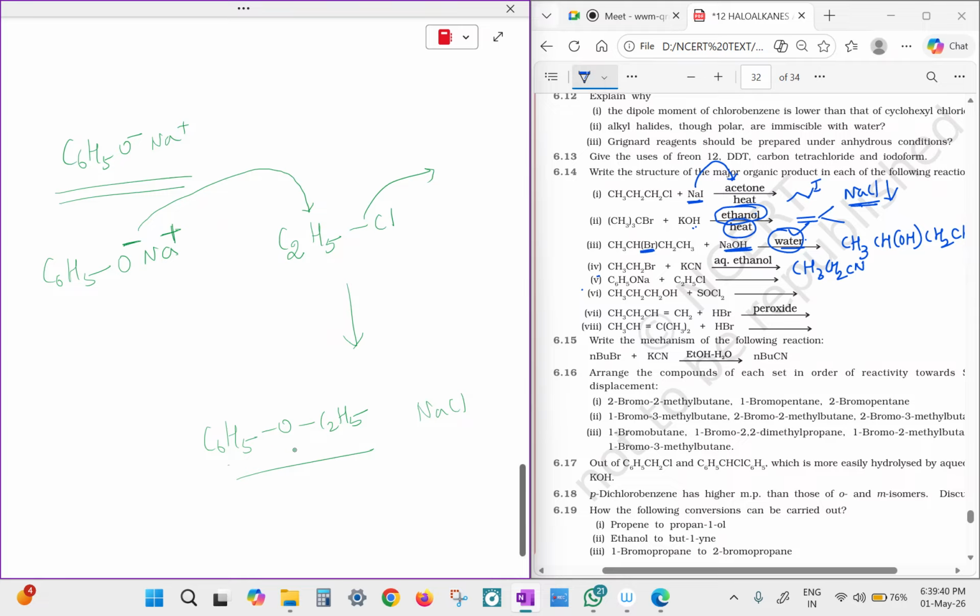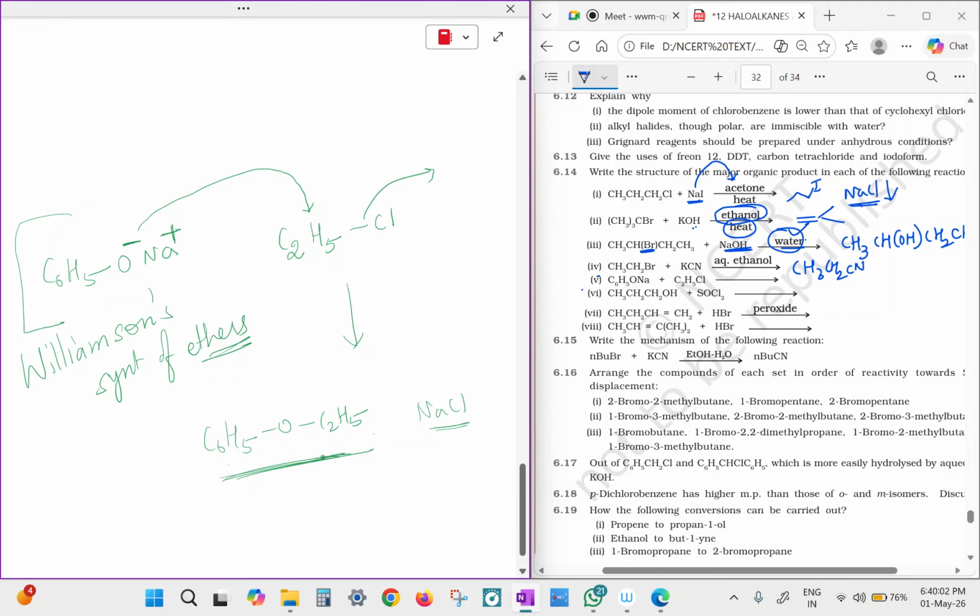Okay. So C6H5OC2H5, NaCl. In fact, this is one of the reactions in the next lesson, and you call it Williamson's synthesis of ethers. What is Williamson synthesis? To prepare the ether, you are preparing the ether here. The final product is ether.